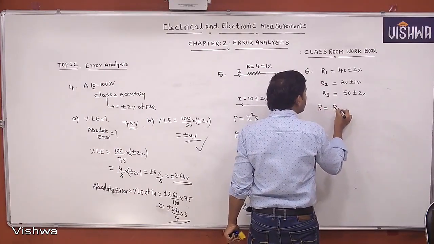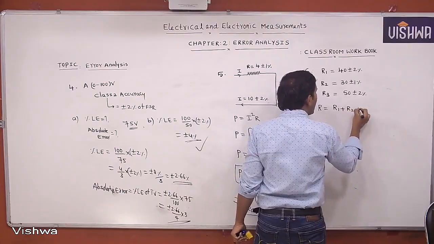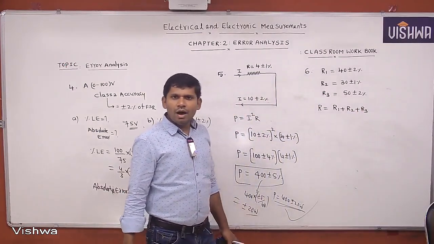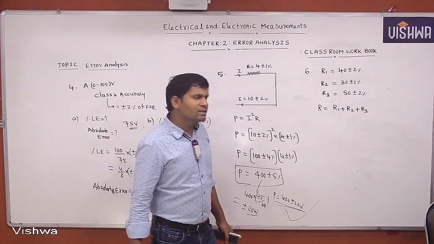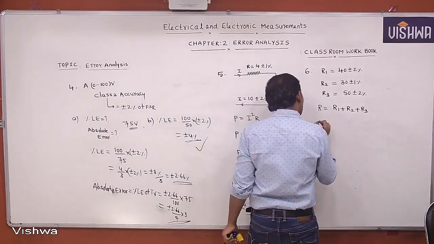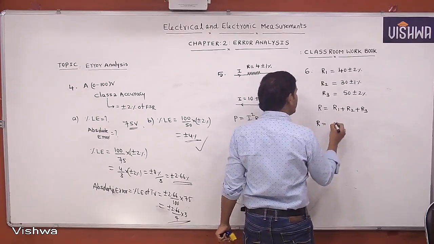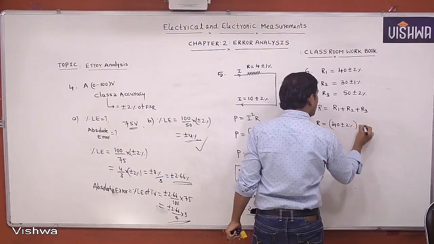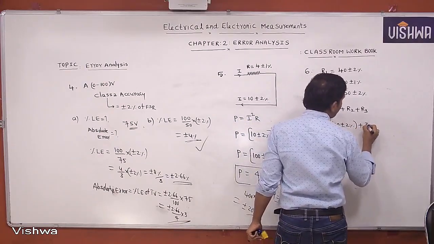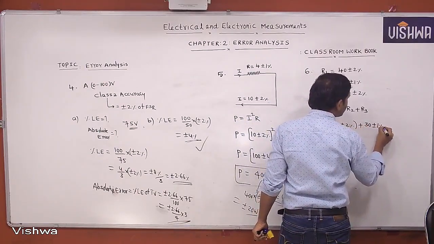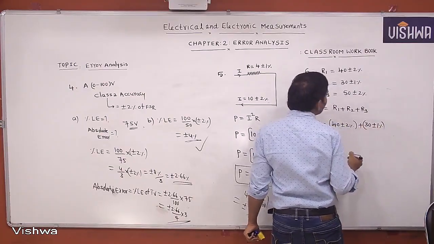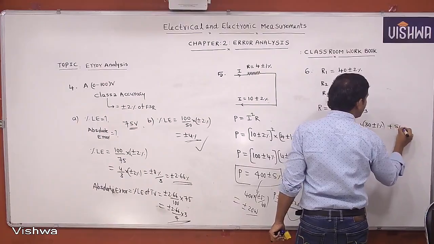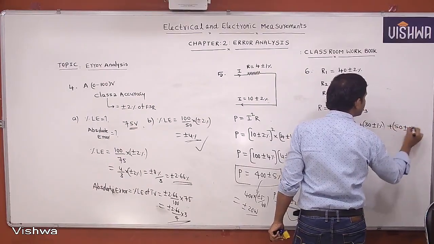R equal to R1 plus R2 plus R3. R1 is 40 plus or minus 2%, R2 is 30 plus or minus 1%, and R3 is 50 plus or minus 2%.